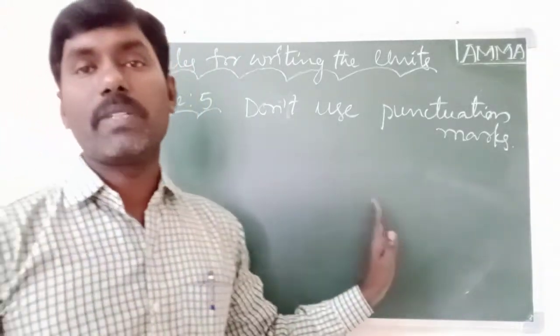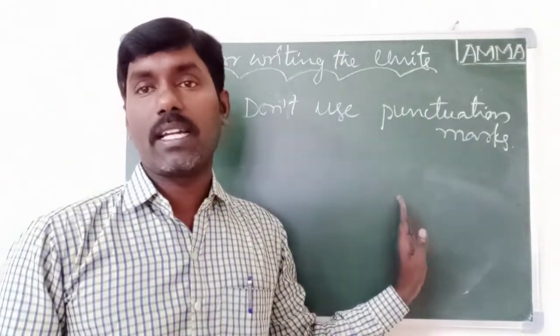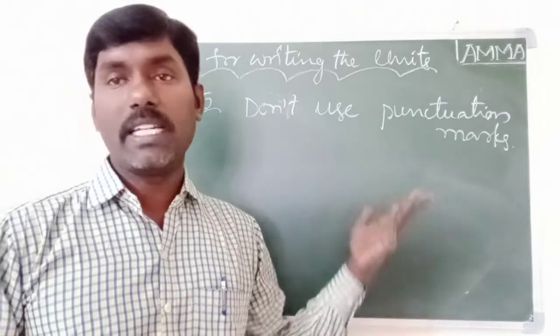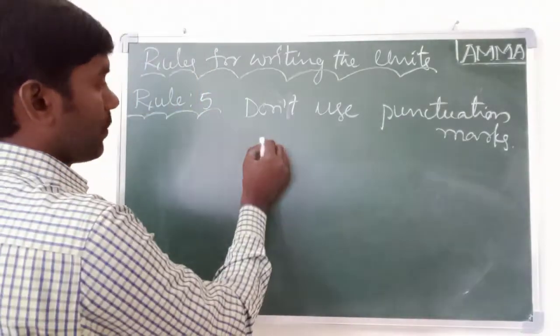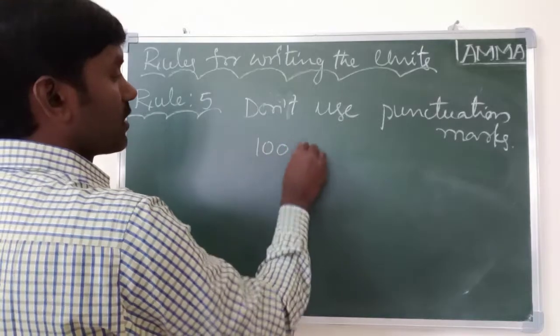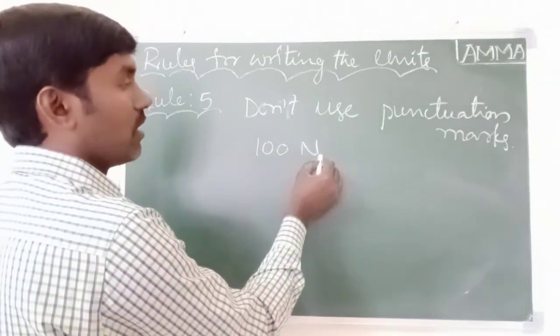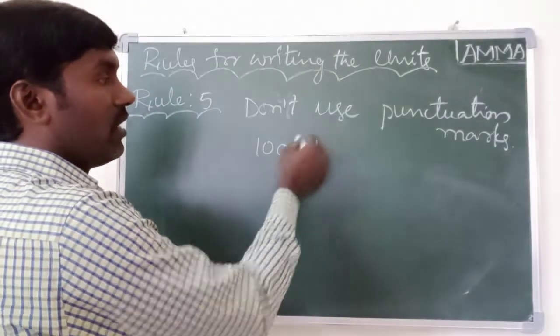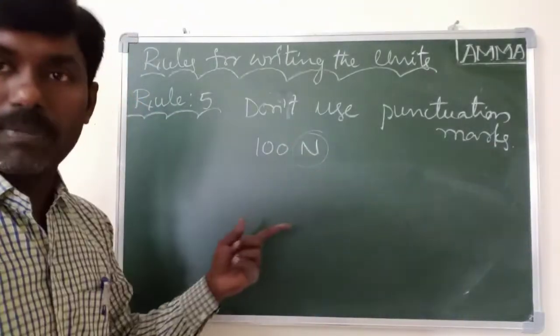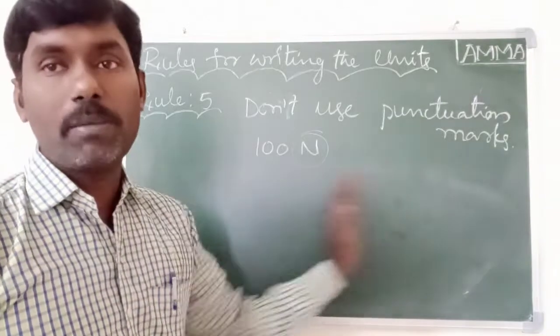After we write the unit, don't use any full stops or commas. For example, for suppose 100 newtons are there. We represented this newton with a capital letter because we are using the symbol only. That's why I didn't write the complete name of the newton.